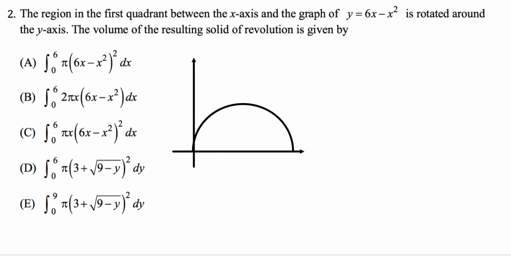Alright, let us move on to number 3. If the base of a solid is the region enclosed by this graph, so once again, the graph would have looked something like this.